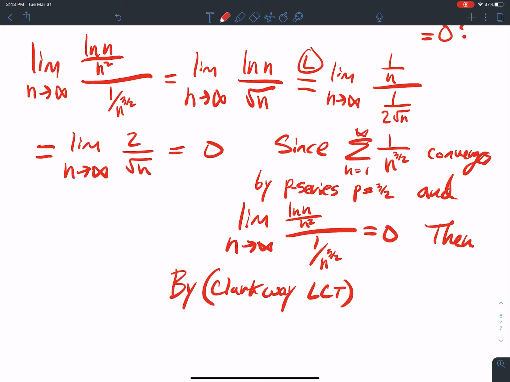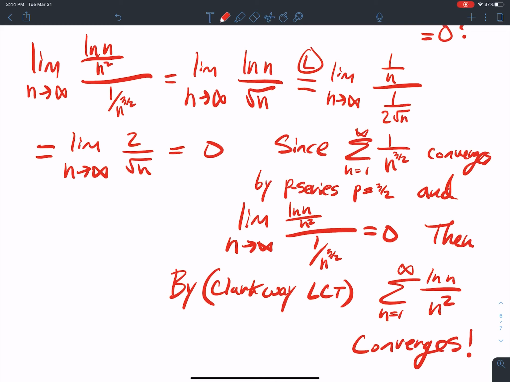Sorry, I was thinking statistics there. LCT. What does that tell me? That tells me the series n equal 1 to infinity of ln n over n squared also converges. So good luck trying to work through that problem right there. All right, guys.